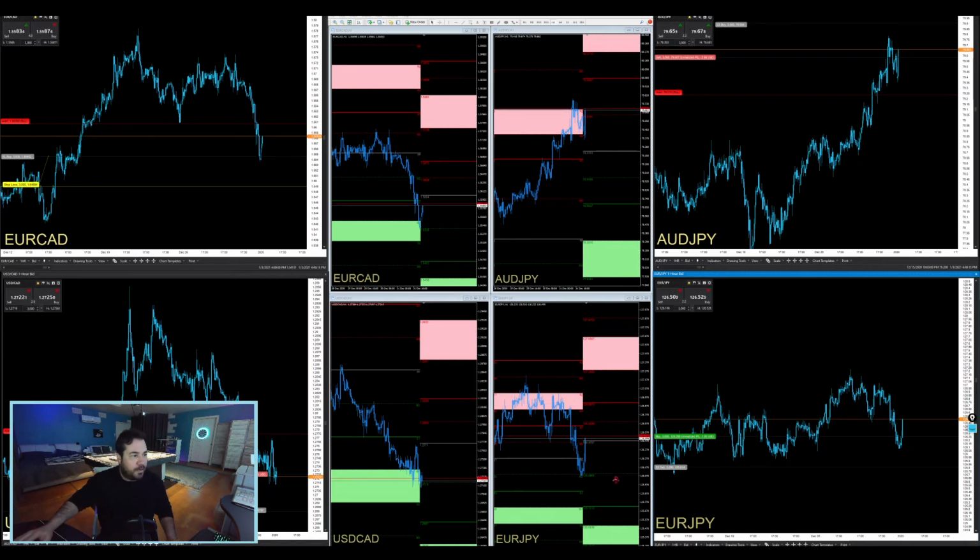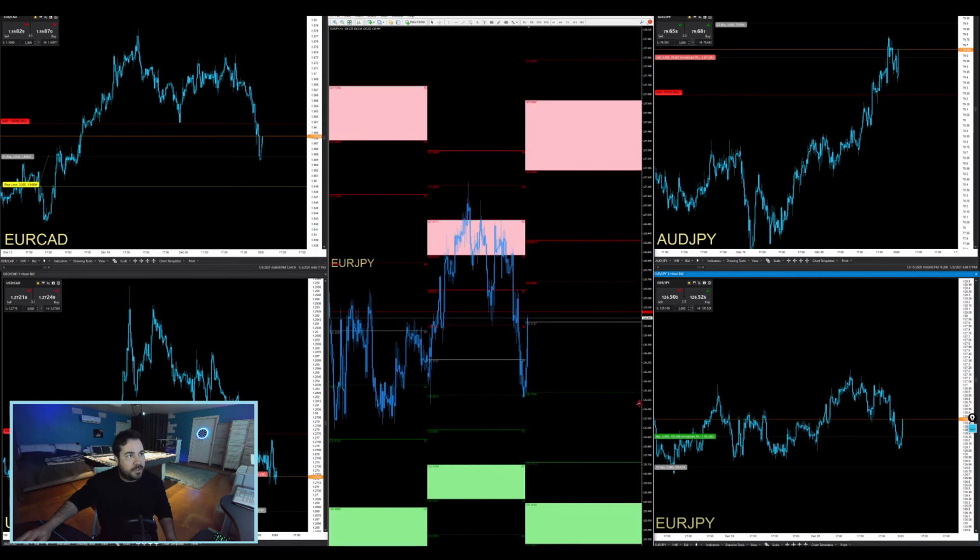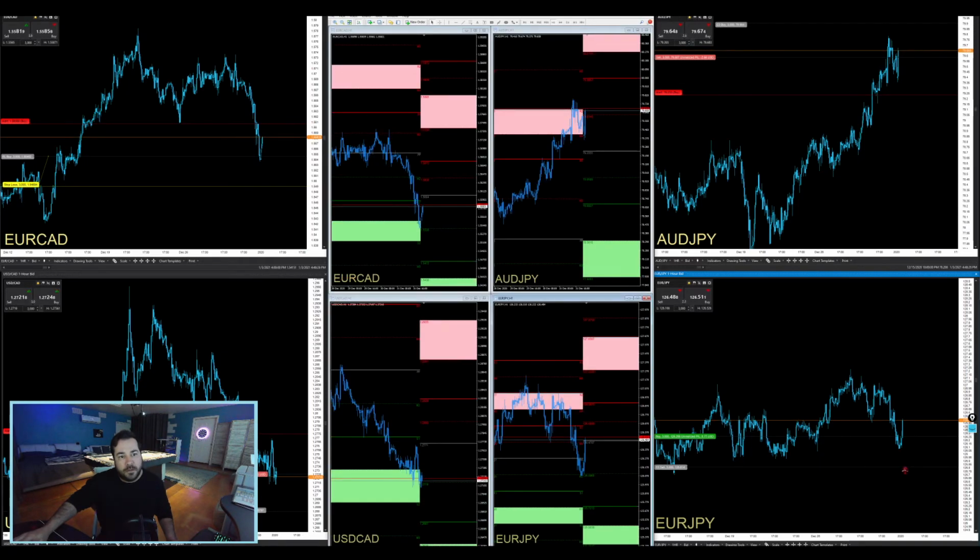All right, quick update right now on the euro yen. I am going to be moving up the stop since we do have a poke above central pivot. You can see it right here. The poke above central pivot. Okay, that's enough for me. And let's go ahead and move that stop on up. And also I'm going to be placing my pending orders for take profit.